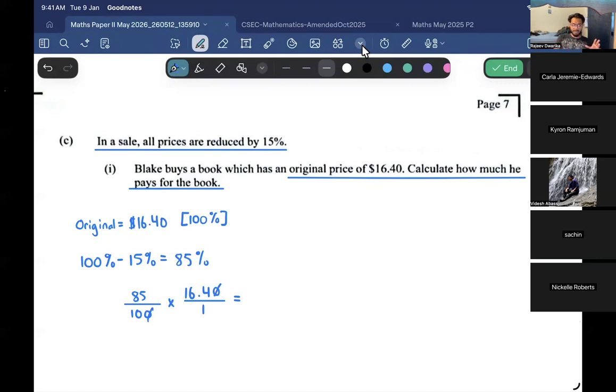You can't cancel out zeros like that, not in that context. $13.94, sir. Let me just verify that. $13.94 again. Yes, sir. That's correct.